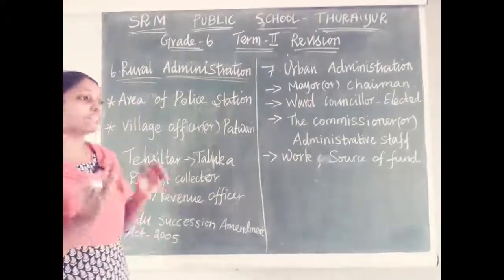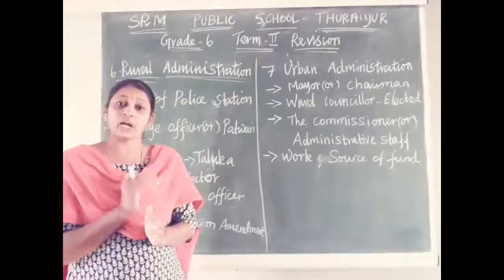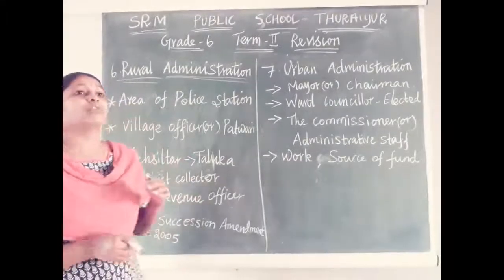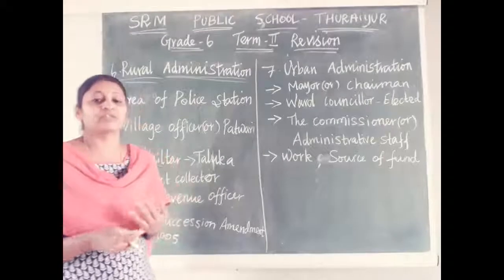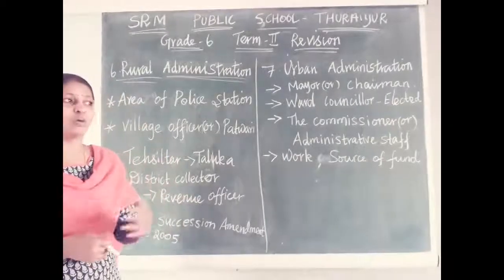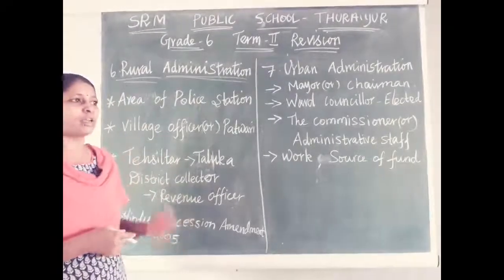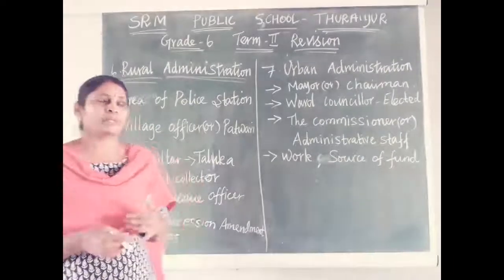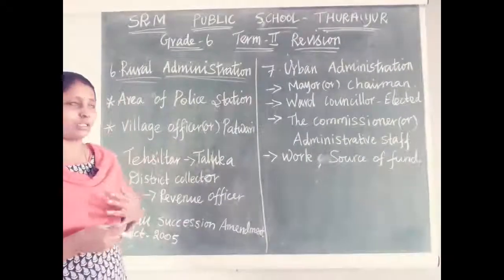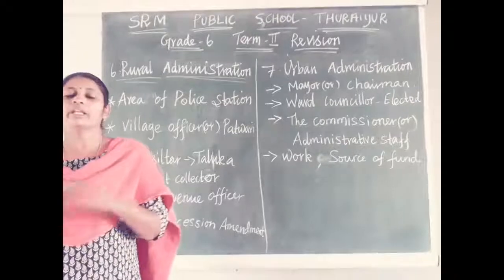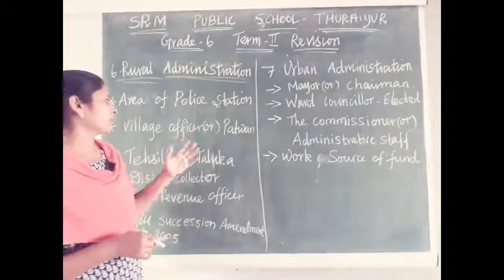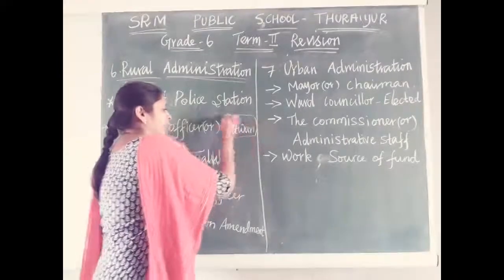In each and every village we have a government servant, that is the village administrative officer, VAO or VO, village officer. This officer is called by various names in our country. In our book they mentioned Patwari.